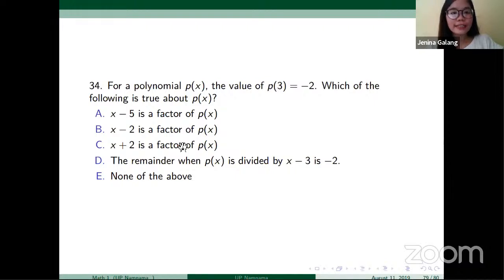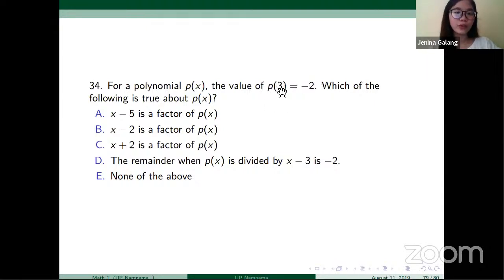And for our last number, for a polynomial p of x, the value of p of 3 equals negative 2. Which of the following is true about p of x? So by remainder theorem, alam natin na kapag yung x minus 3 is dinivide natin sa p of x, and yung 3 is sinubstitute natin dun sa p of x natin, meron tayong nakuhang negative 2.